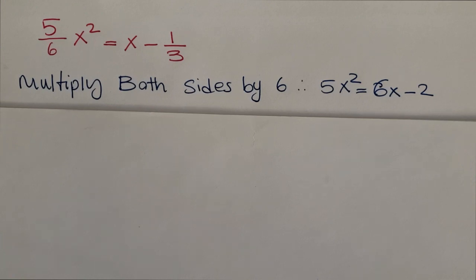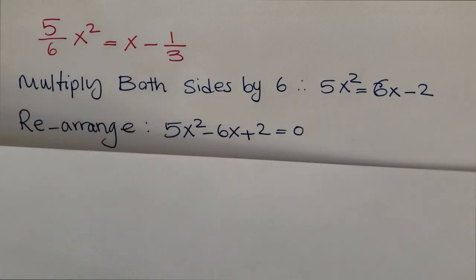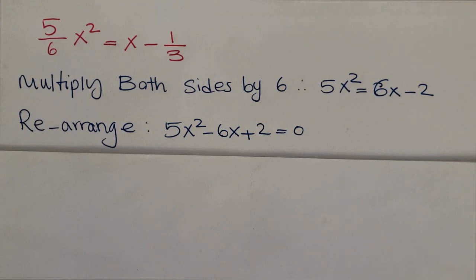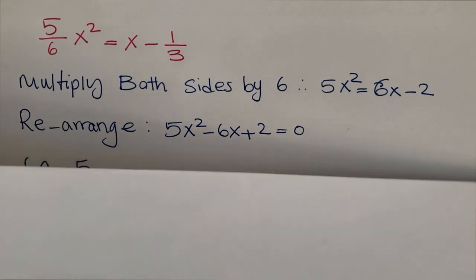So it turns into 5x squared equals 6x minus 2. And then I rearrange it. So that means I will bring everything to one side and then equate it to 0. Then I will identify a, b, c. So as you can see here, a is 5, b is negative 6, and c is 2.